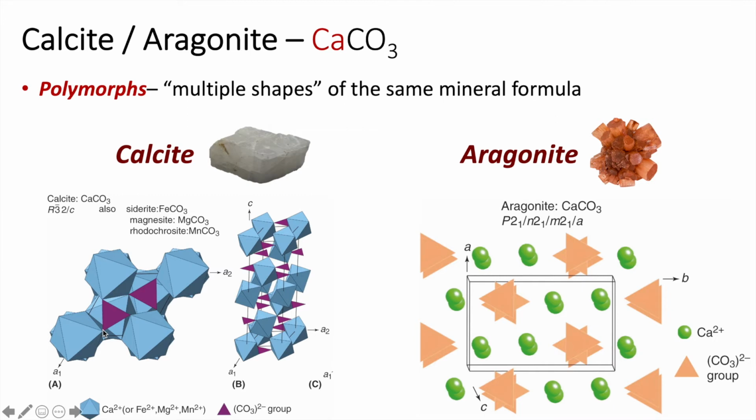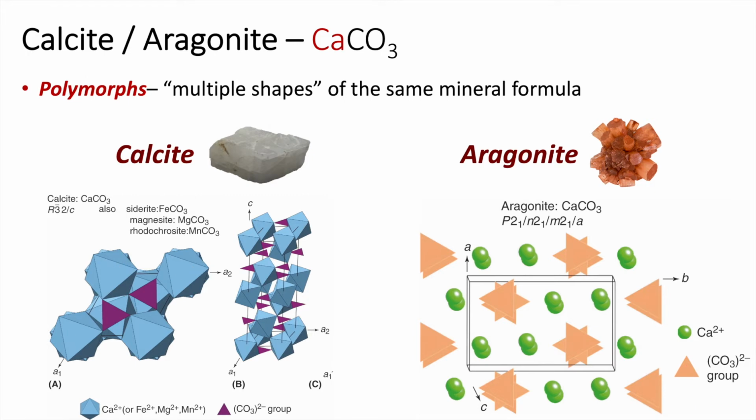So we've got one carbon atom in the middle of each of these triangles and then an oxygen atom at each vertex. And then we've got these octahedral sites that calcium is able to fill in. So we can see just from looking down the C-axis here, I believe, this rhombohedral shape. So this is from whence that rhombohedral cleavage comes.